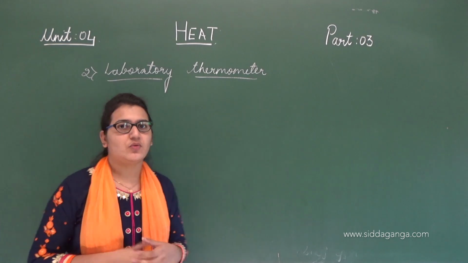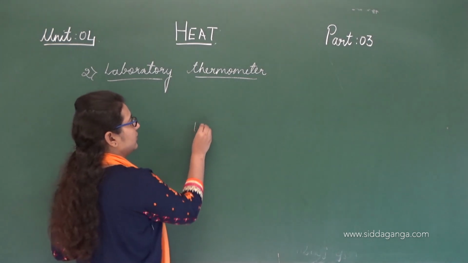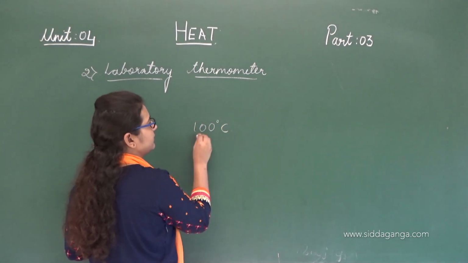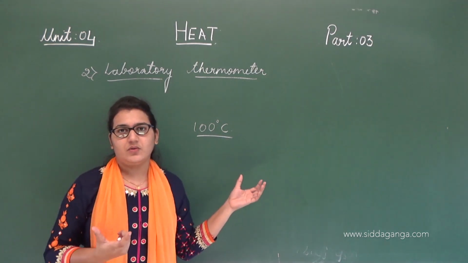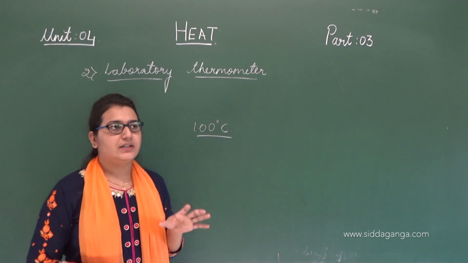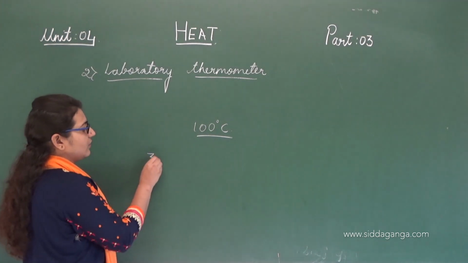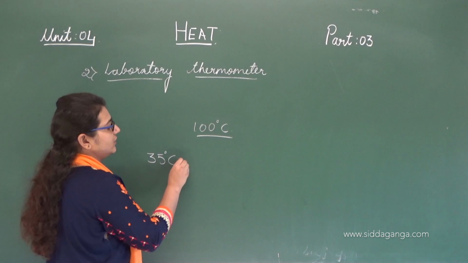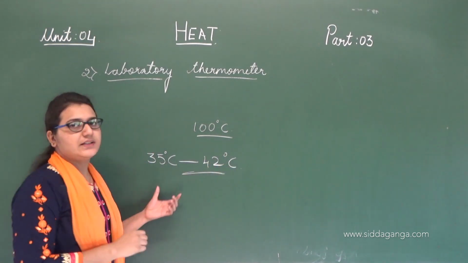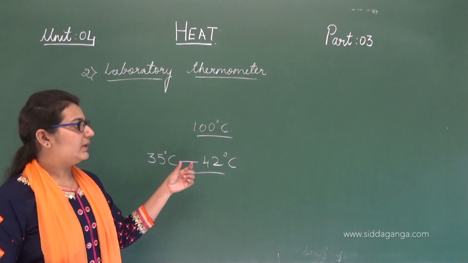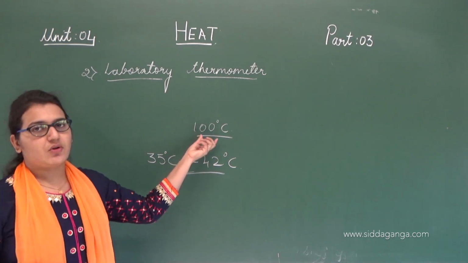What is the boiling point of water? 100 degrees Celsius. But the maximum temperature the clinical thermometer can read is 42, and the boiling point of water is 100.